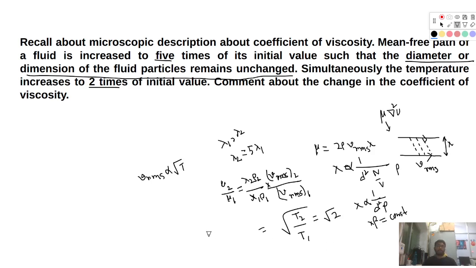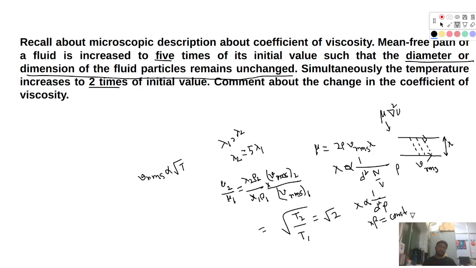Yes, got it. So let's say we don't have the information that d squared is conserved. Then we cannot consider lambda rho as constant. In that case we have to calculate in a very careful manner. Let's say d is also changing, lambda is changing, then rho can also change.